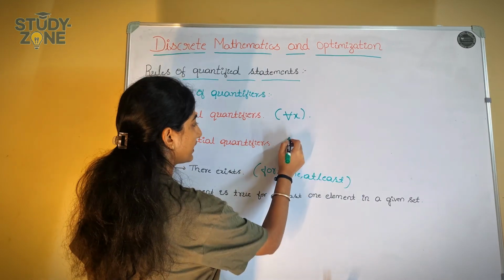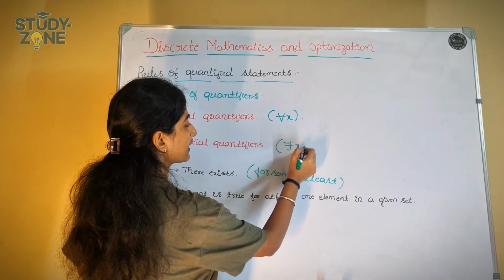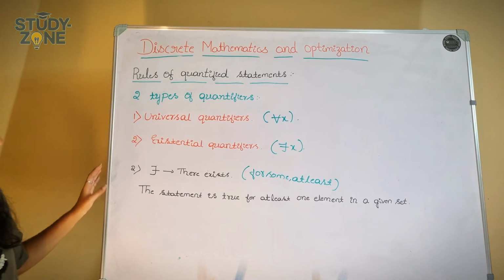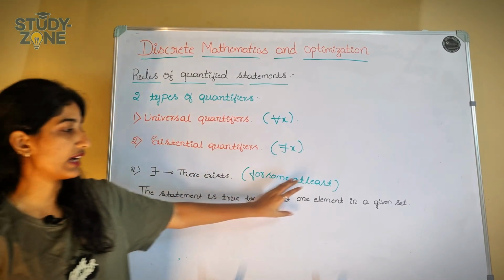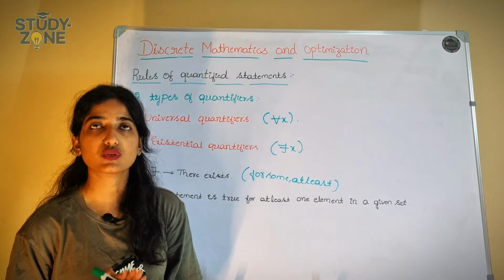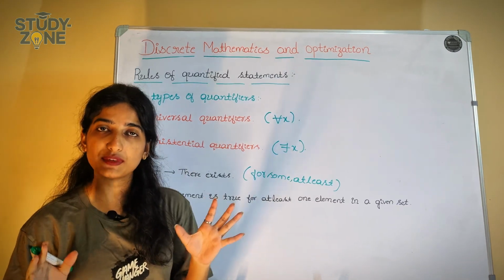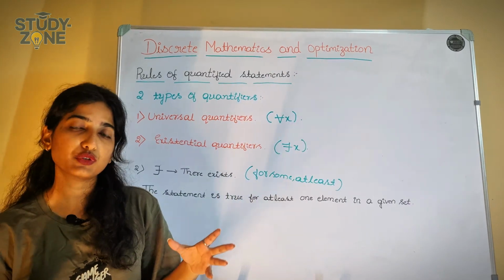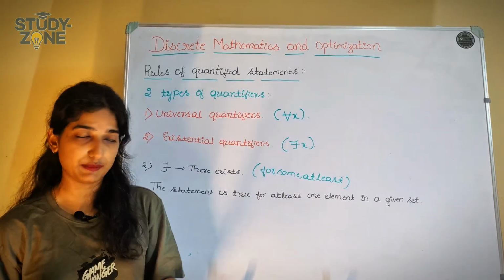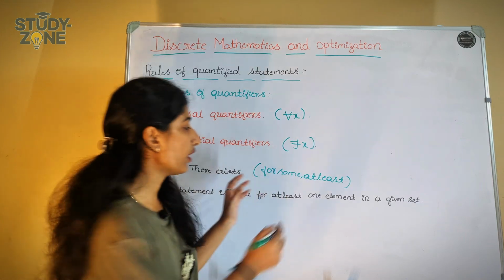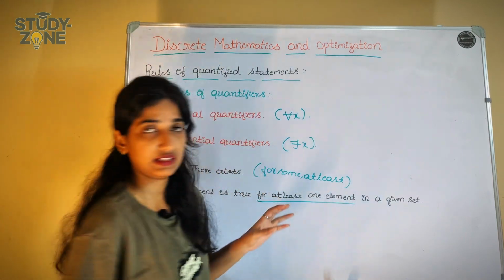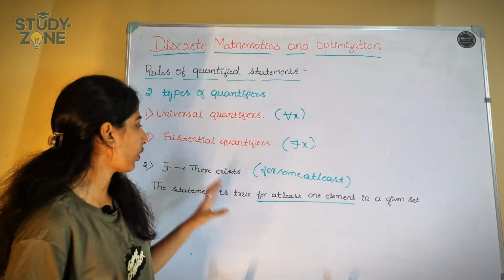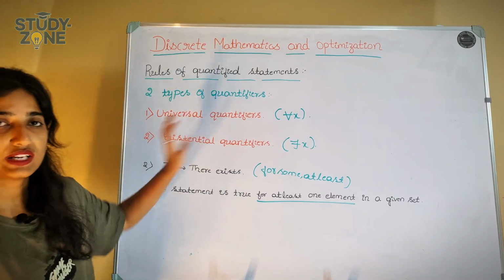So it is represented with the term there exists x. Okay, so the statement is true for at least one element in a given set. So if we consider there are 10 elements in a set, the statement will be true for at least one element. At most it can be true for 2 elements, 3 elements, 4 elements, but it should be true for at least one element in a given set. Okay, this is called existential quantifiers.